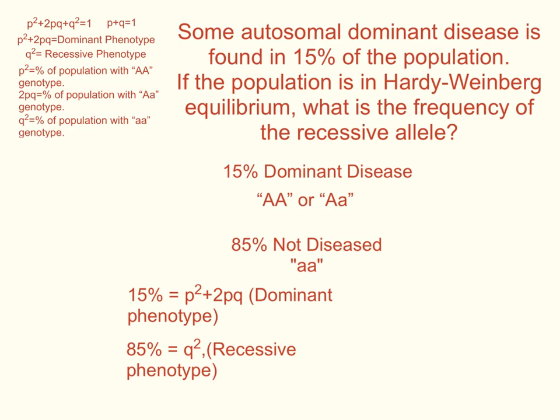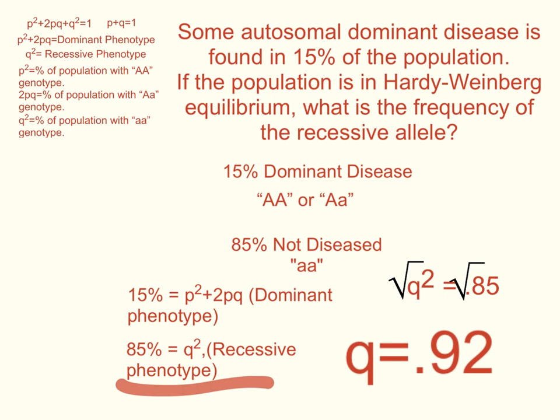Because this question is asking for an allele frequency, it wants a P or a Q value. Because this equation is a little easier to deal with, let's solve for Q. We have Q squared equals 0.85. We take the square root of both sides, and it gives us Q equals 0.92. So the frequency of the recessive allele equals 0.92.